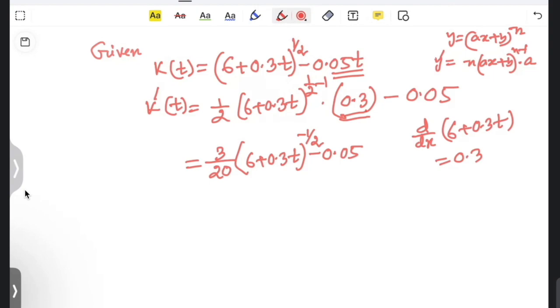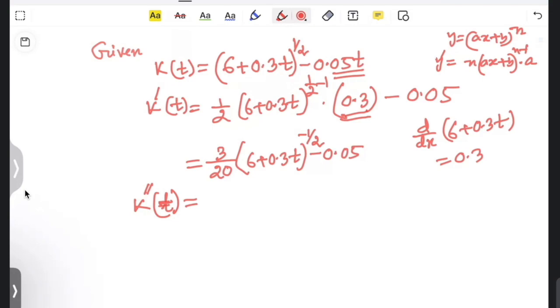I also need the second derivative to confirm whether the second derivative at the stationary point is negative or not. So let me calculate the second derivative of k. Where will the second derivative come from? k double prime means the derivative of k prime.